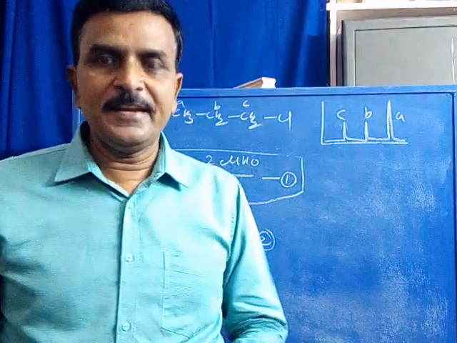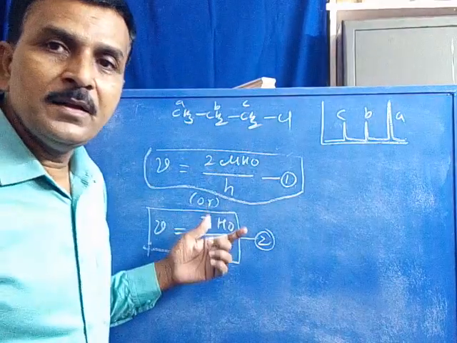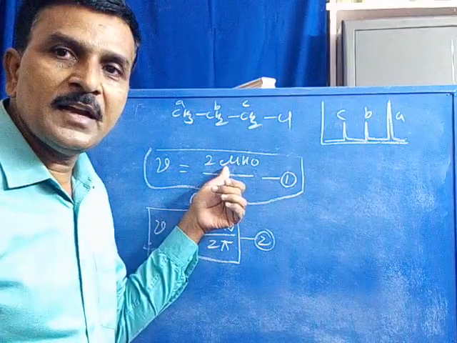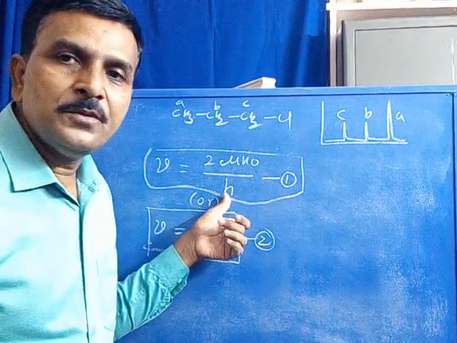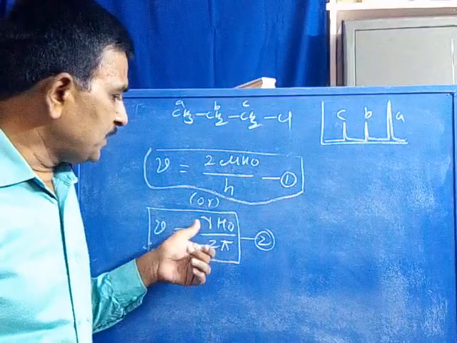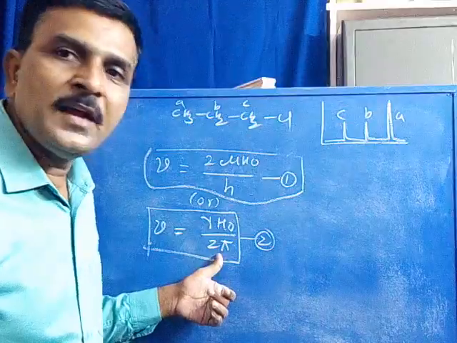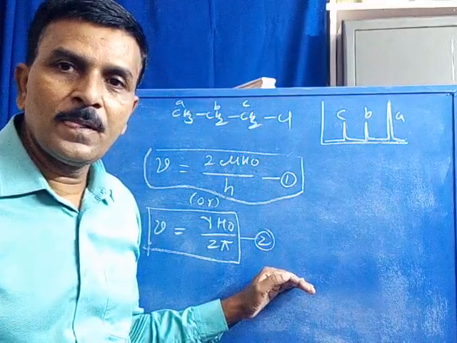Coming to practicality. Practically, however, theoretically it is possible: simply substituting the secondary magnetic field, the extent of applied magnetic field and the h value. Similarly, substituting the gamma value, the extent of external magnetic field and the 2 pi value. So theoretically it is good.